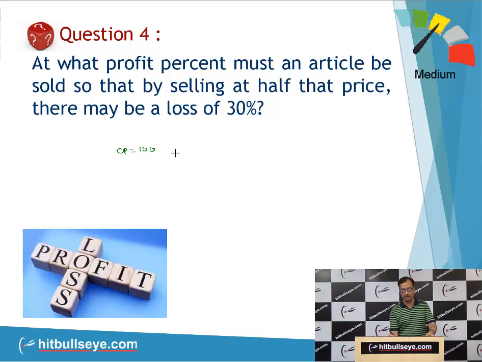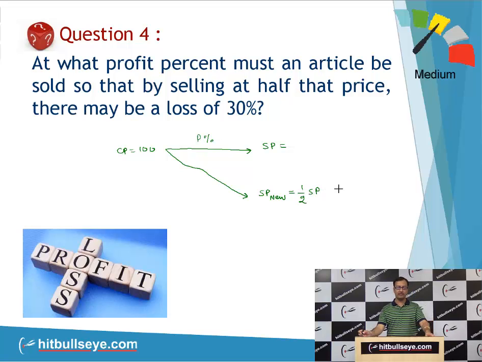Now since we need to calculate the profit percentage, so we also do not know the initial selling price. But the condition says if we sell the same article at half of this price, so we can say the new selling price must be half of the original selling price, then there is a loss of 30%.